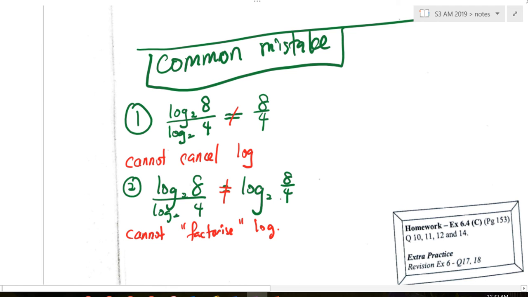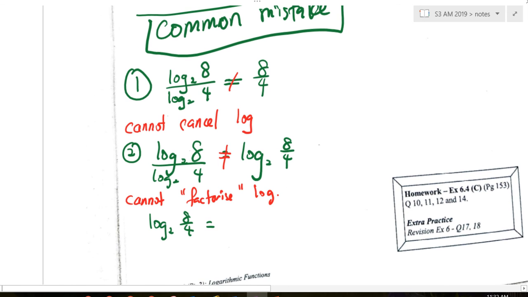What exactly is log base 2 of 8 over 4? Charlene? What exactly is log base 2 of 8 over 4? Applying the logarithm law, what is log base 2 of 8 over 4? Can you write down the correct one? 1 is correct, because 8 over 4 is 2, and then it becomes 1, right?